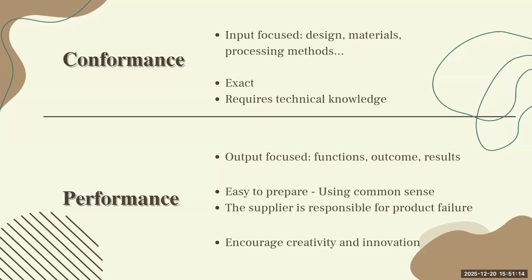If the product fails to achieve the outcome, then the supplier must do it again. However, if we don't use performance spec correctly, then it may lead to ambiguity and the supplier doesn't know what you want. Performance spec is perfect when we consider innovation, when we consider new technologies, when we consider the potential of opening up the market and inviting new suppliers or new solutions. So it can be used in those cases.